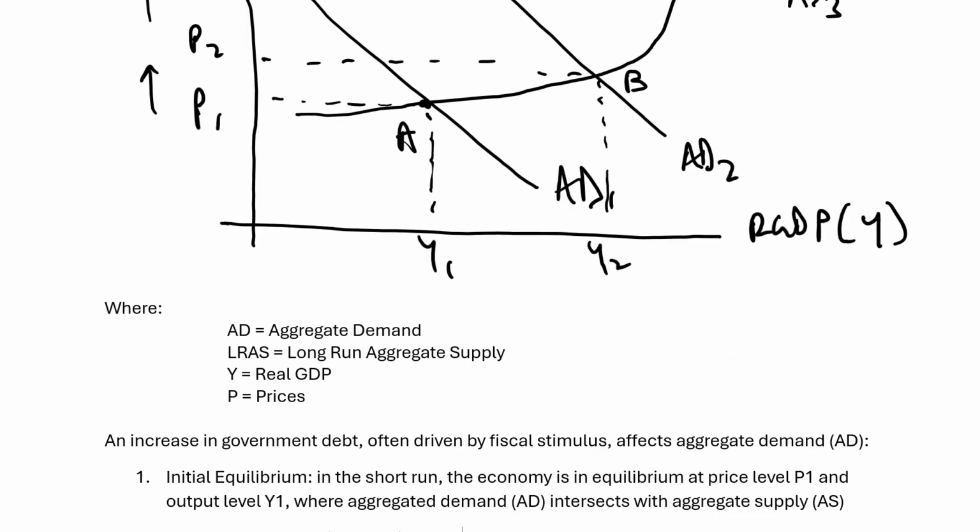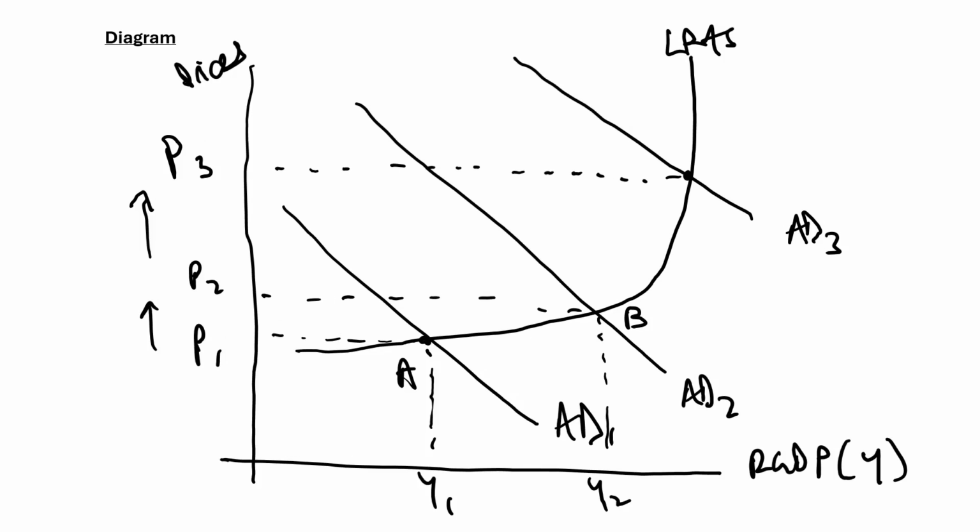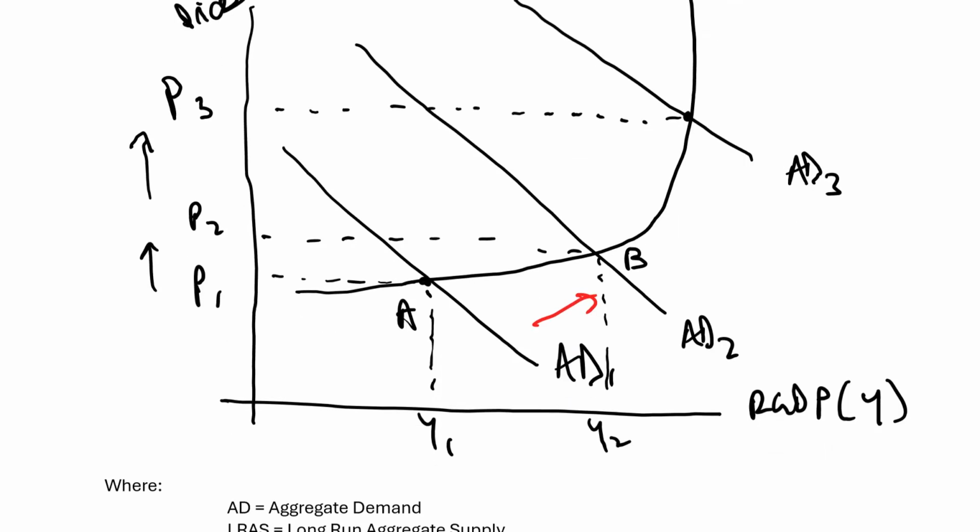Then what's going to happen is that if the government were to borrow money for fiscal expansion, that's probably going to increase aggregate demand from AD1 to AD2, and the equilibrium is going to move from point A to point B. So we need some commentary to explain what's happening here.